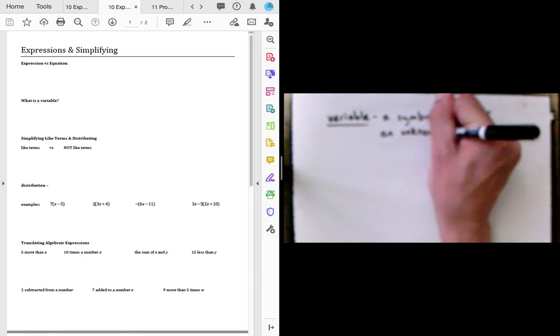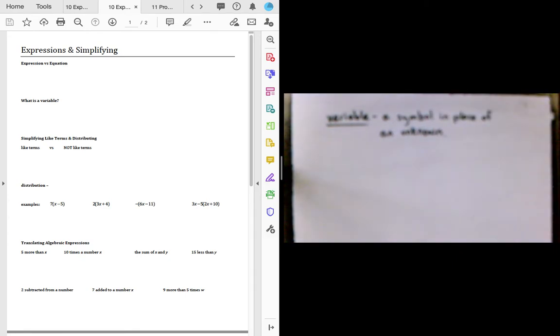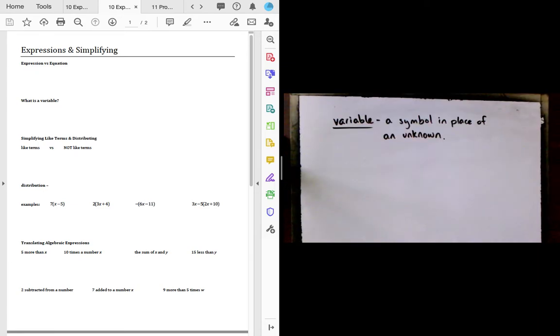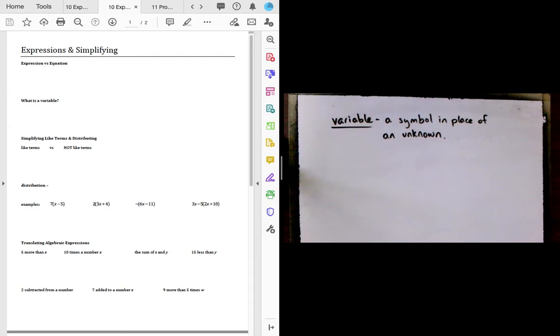And math allows us to use certain processes to find out what that symbol represents or what that unknown really is. And so we use these variables in places where we don't know something, and our goal is to work backwards to find out what it is.